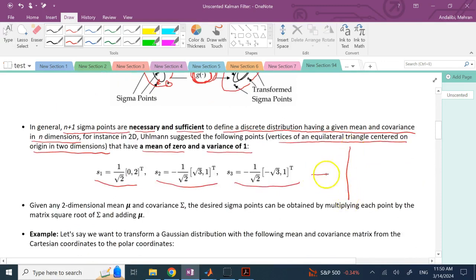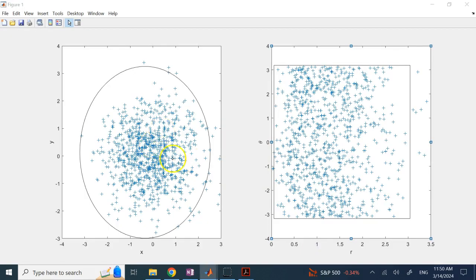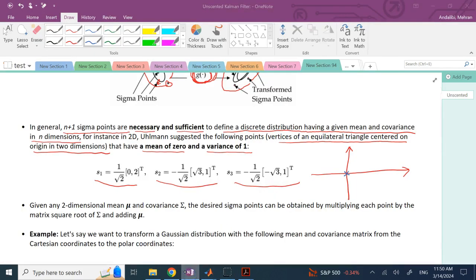So if I draw this original distribution, which has this mu of 0 and a sigma of 1, it looks like this one here, right? Then the points are where you have 0 and 2 over square root 2, so it's square root 2, or 1.4. So the first point is like here.